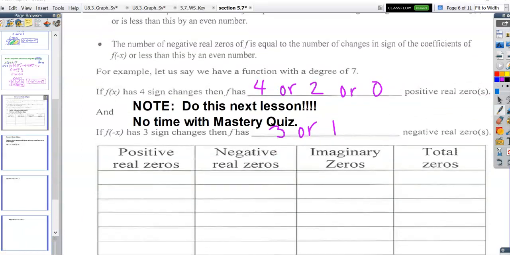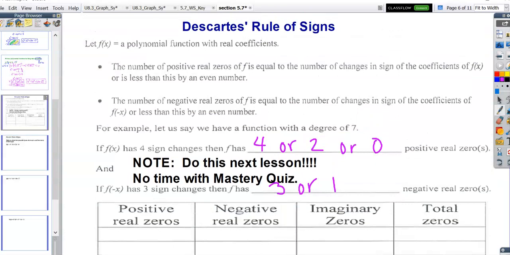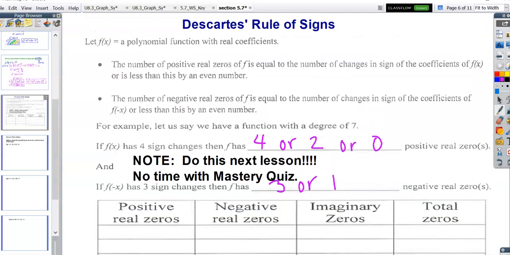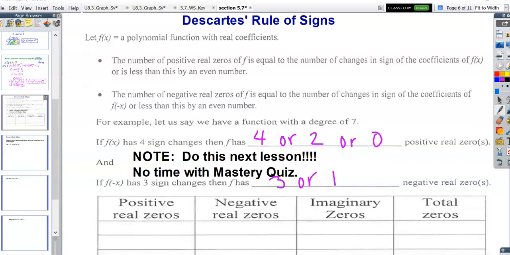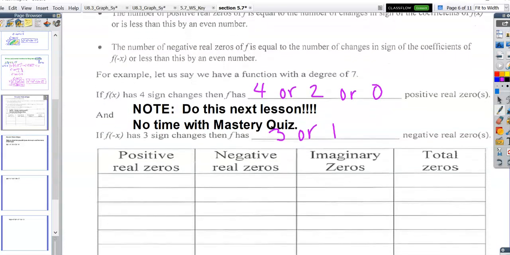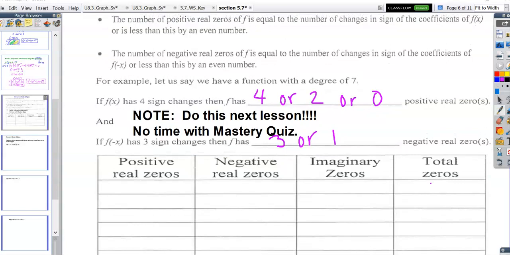Now if you come back up to the question, we have a degree 7 polynomial. That means we have a total of 7 zeros. Let's say that we do have 4 positive real zeros, and then we have 3 negative zeros.